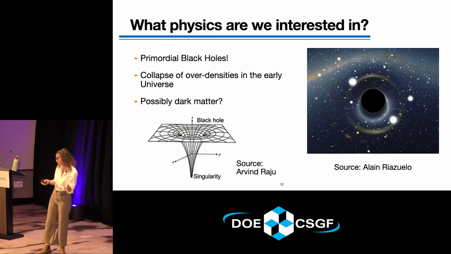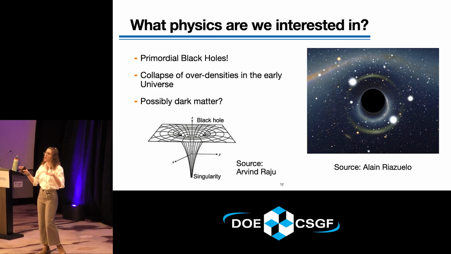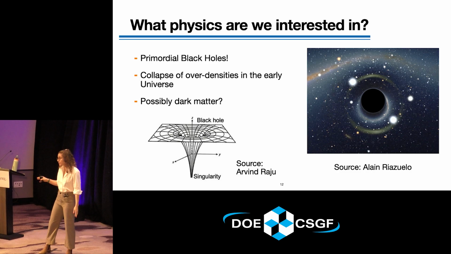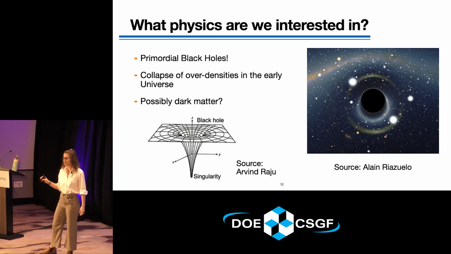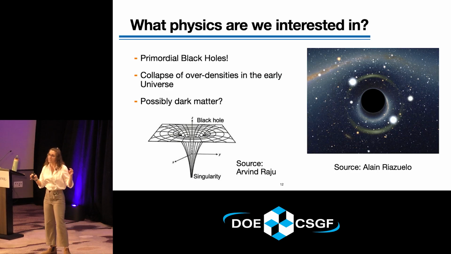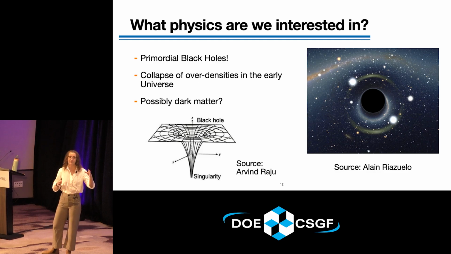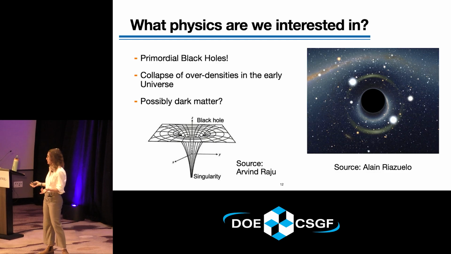However, it's been theorized that in the very early universe, and by early, I mean less than 1 second after the universe is born, actually really less than 10 to the minus 30 seconds after the Big Bang, the universe is so hot and dense. We can think of it just like a big plasma of energy, right?